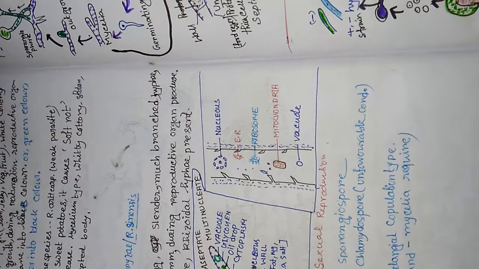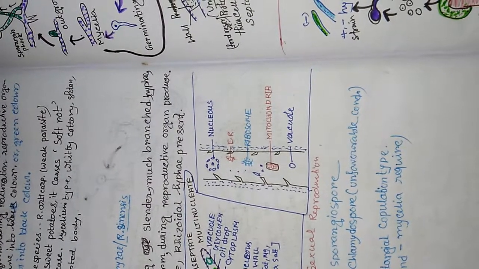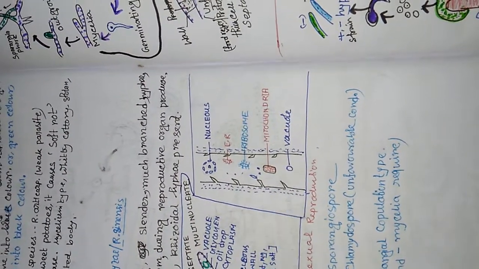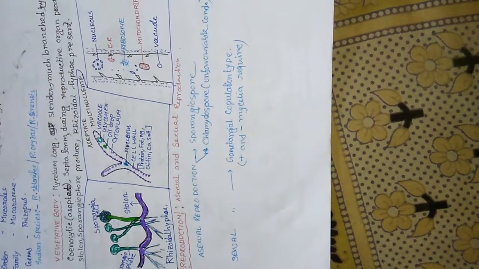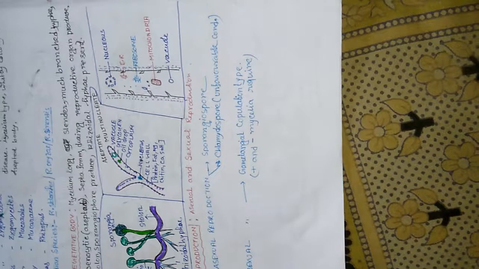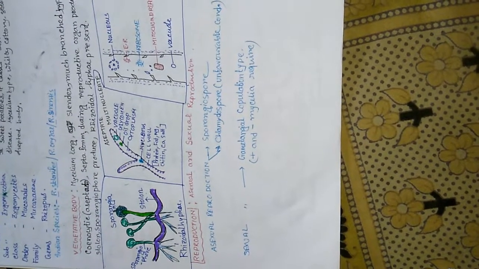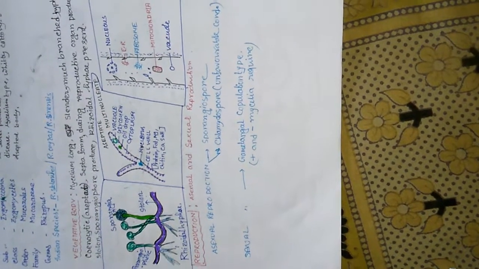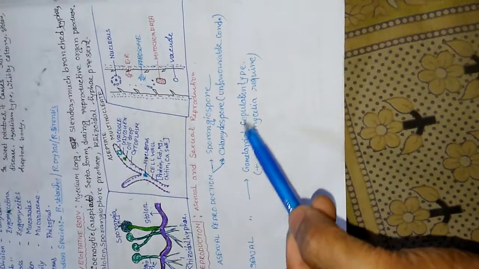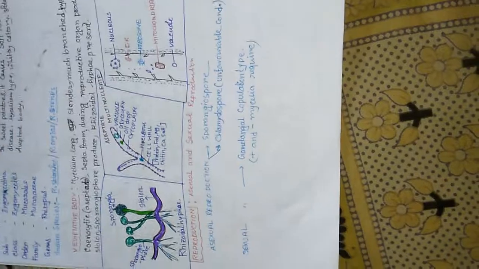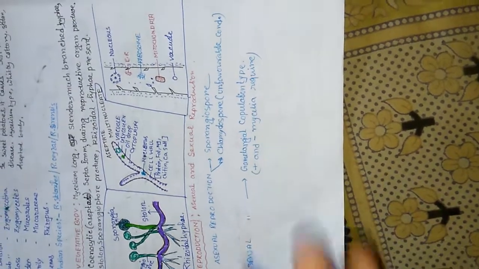In the cell there are nucleus, endoplasmic reticulum, ribosomes, mitochondria and vacuoles. Reproduction: mainly two types are found, asexual and sexual. Asexual reproduction is by sporangiospores and chlamydospores, and sexual reproduction by gametangial copulation.